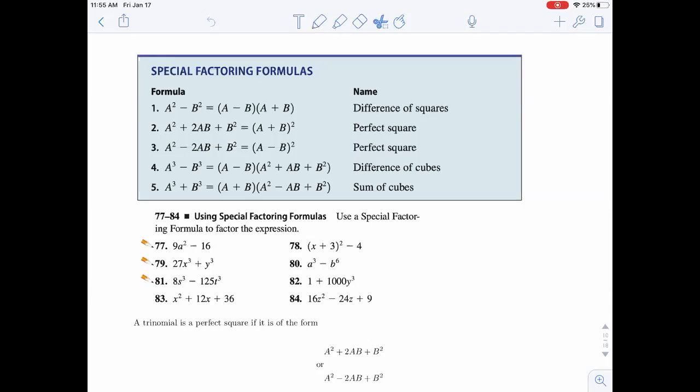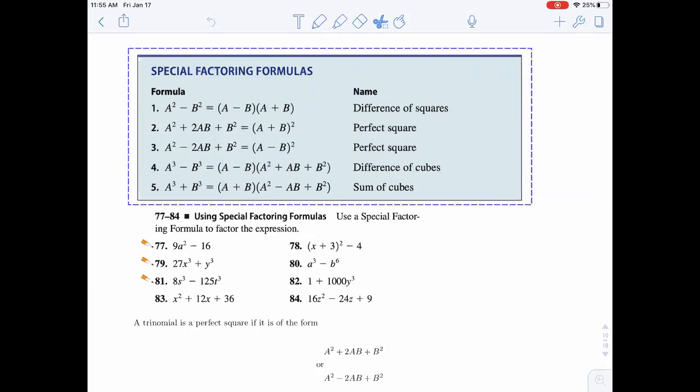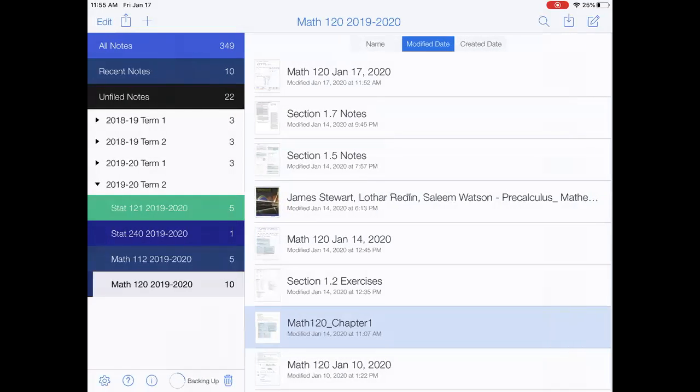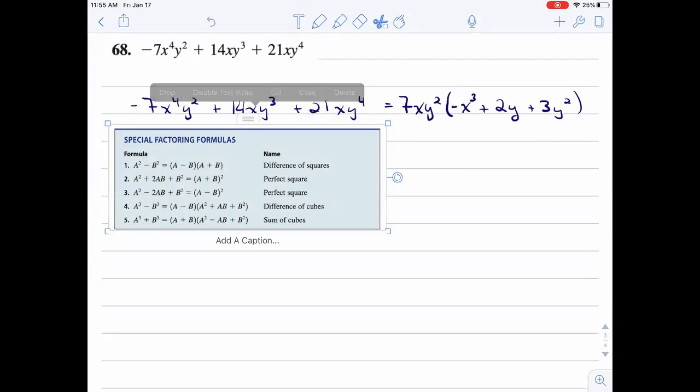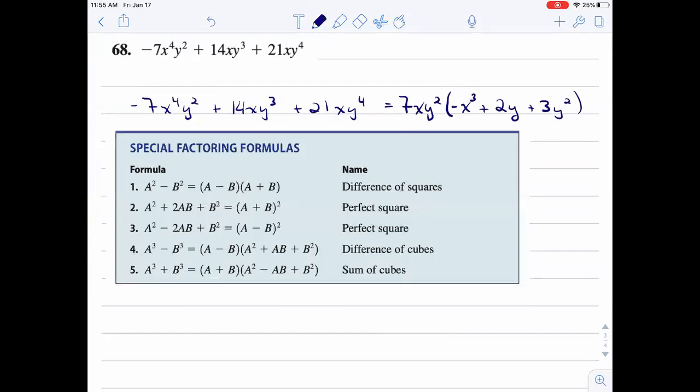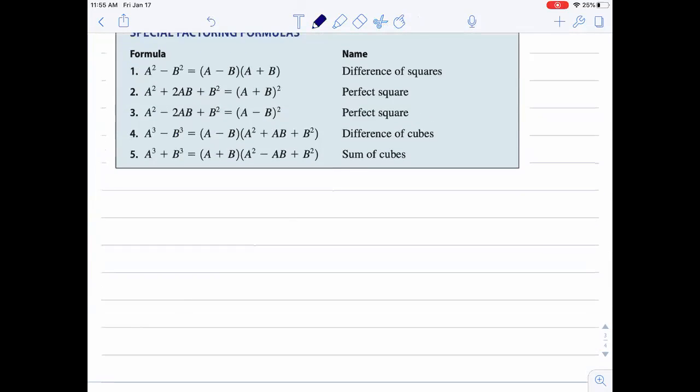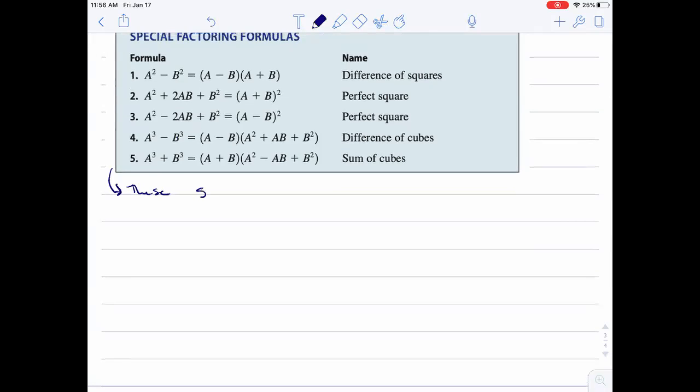So these special factoring formulas will be useful to know.